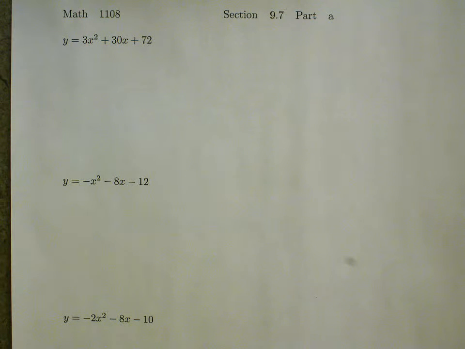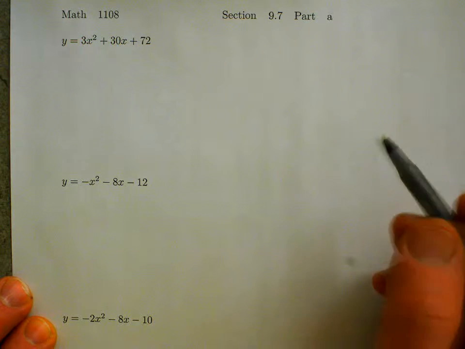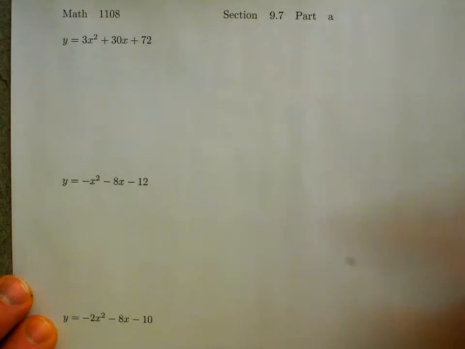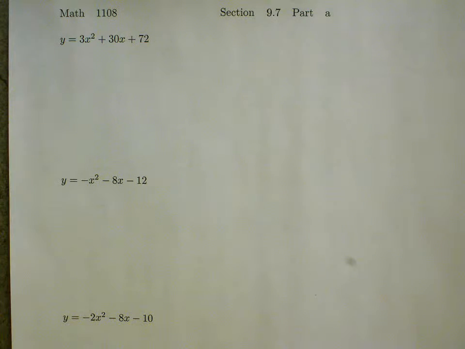So here we have a quadratic function in standard form, y equals 3x squared plus 30x plus 72. We want to get it into vertex form. I'll give you a minute or so to work out the details for the vertex form.